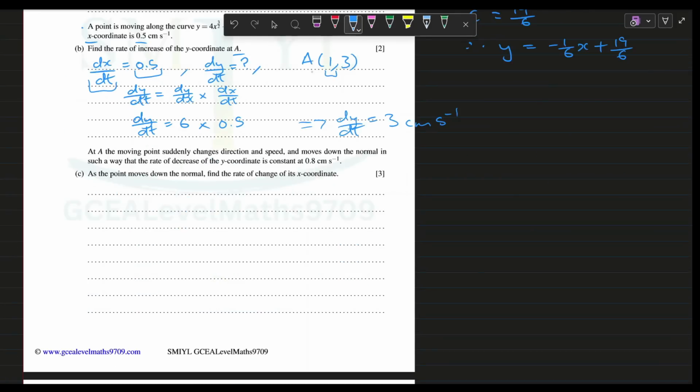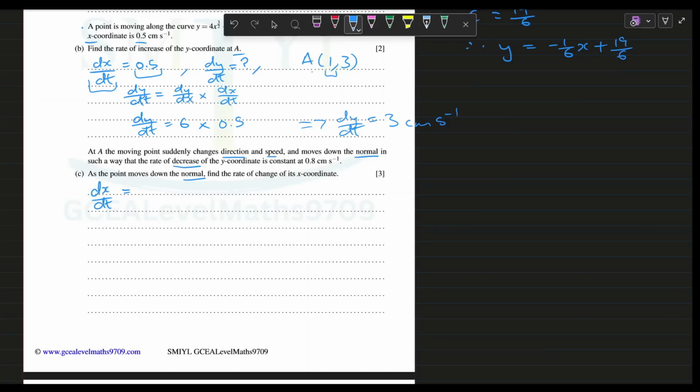At A, the moving point suddenly changes direction and speed and moves down the normal in such a way that the rate of decrease of the y-coordinate is constant at 0.8 centimeters per second. As the point moves down the normal, find the rate of change of its x-coordinate. So now we want dx/dt.